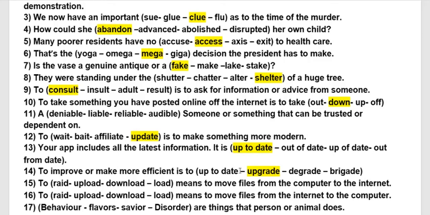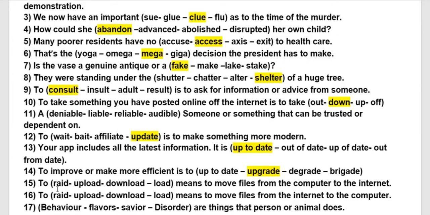As for degrade, to break down or to treat something or someone with disrespect. As for brigade, a subdivision of an army. To degrade, to treat someone with disrespect or to break down.